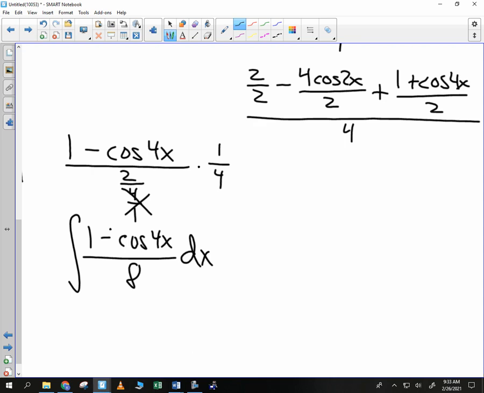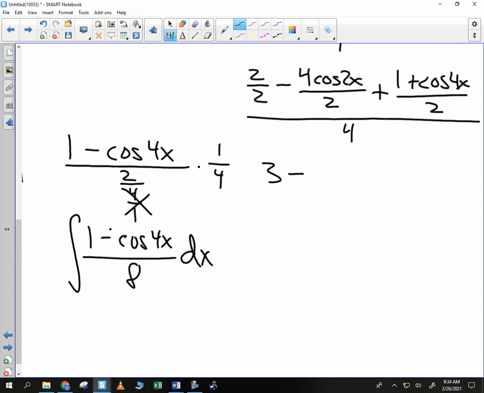I combine any like terms. 2 and 1 are like terms. I get 3. Negative 4 cosine of 2x and cosine of 4x, those are not like terms. Okay? They don't have the same angle. They need to have the same angle, and they don't.